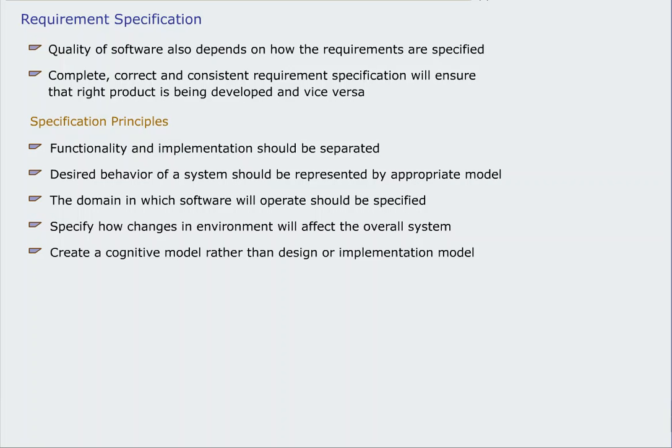The cognitive model describes the system as perceived by the user community. Requirement specification must be mutually approved by the software development firm and the customer. A cognitive model is easy to understand for the customer, and communication between customer and system analyst can be easily achieved.